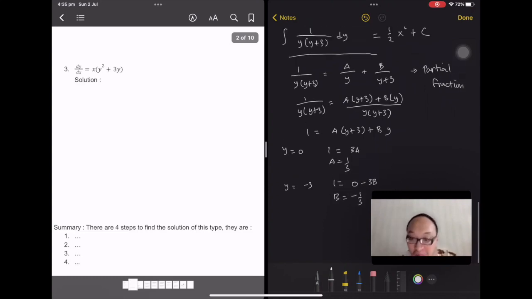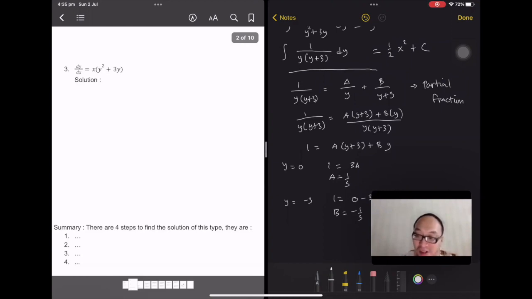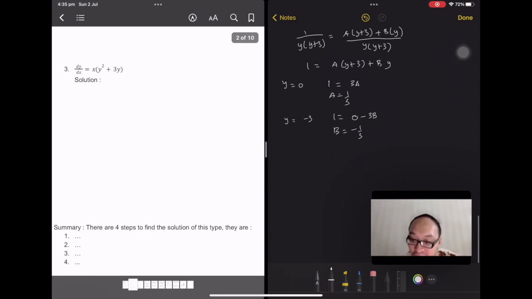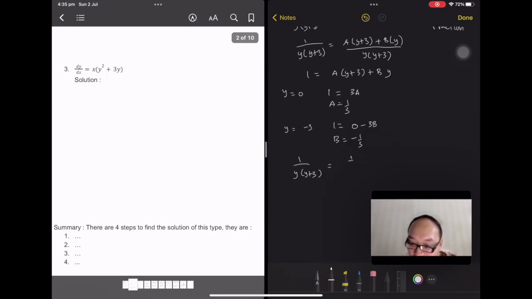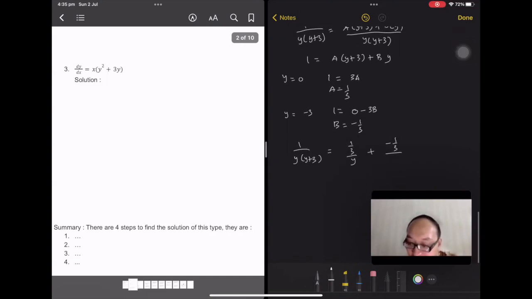So that means the partial fractions form of 1 over y times (y plus 3) is equal to (1 over 3) over y plus (negative 1 over 3) over y plus 3.